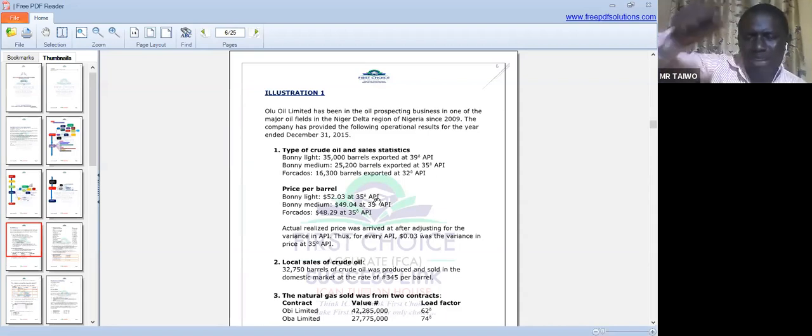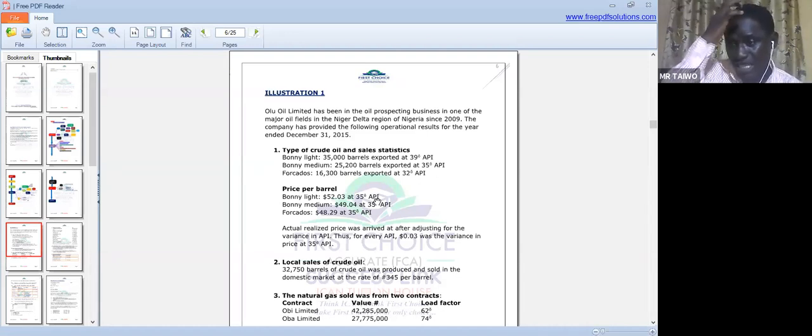But the API of the oil you are now selling is the index of the price you're going to sell the oil at outside the country. If the API is higher than this standard API of 35, as stated here, it means that you need to adjust this price. This $52, you now adjust it to reflect the API of the oil you are selling.